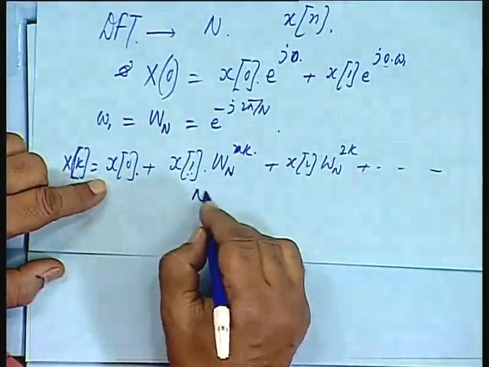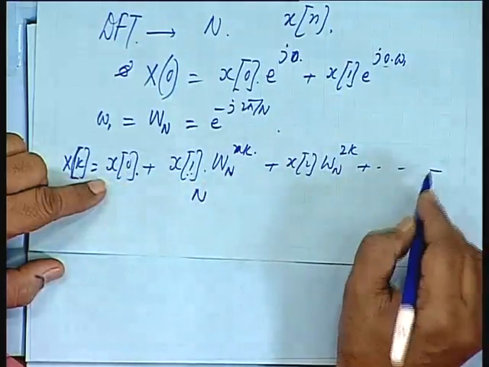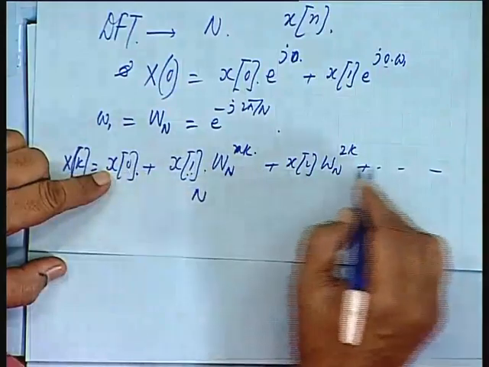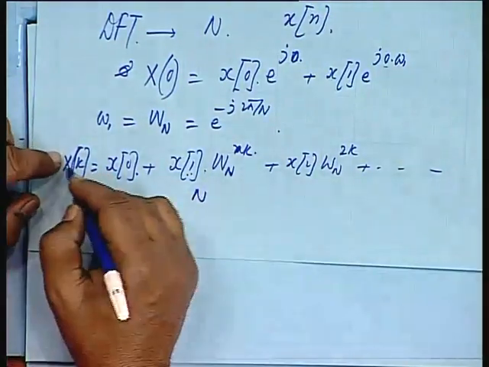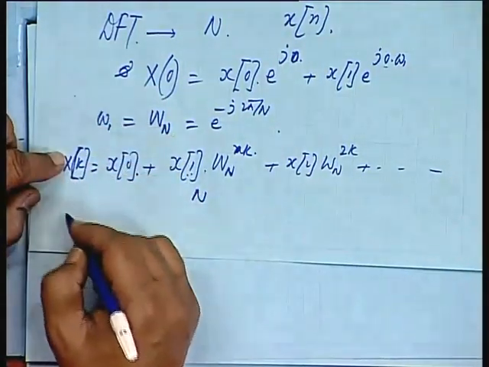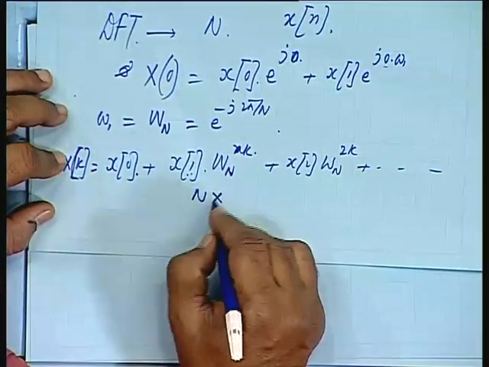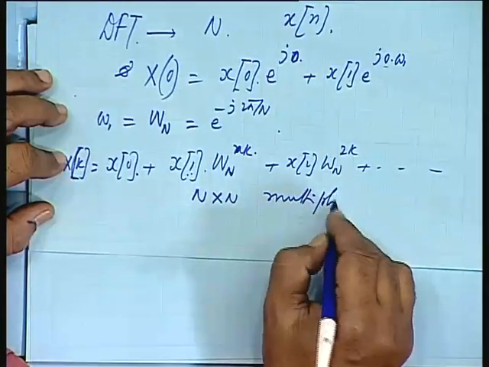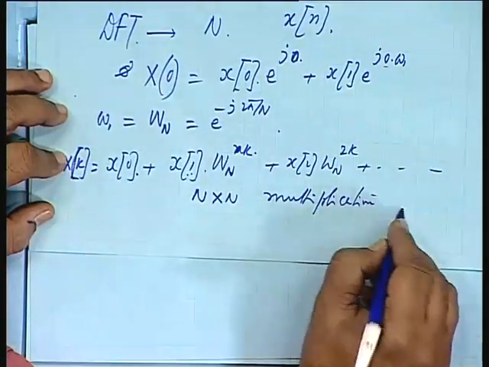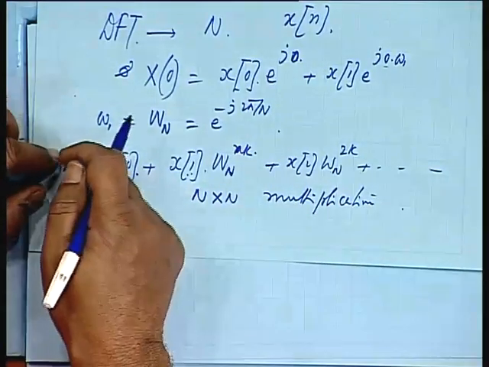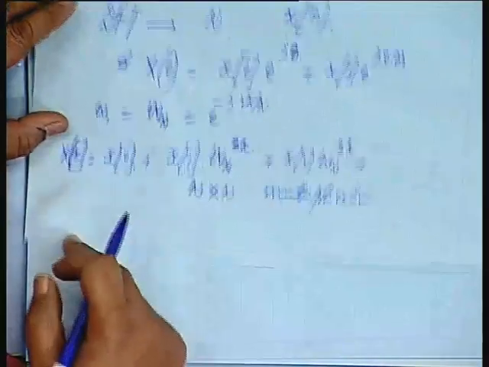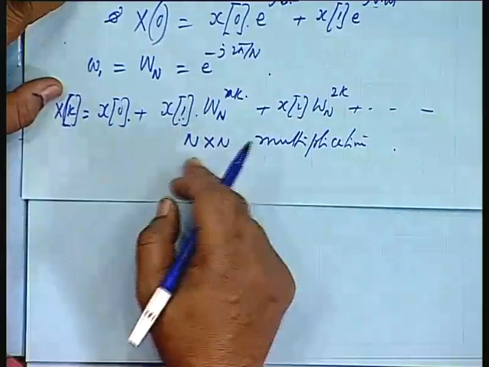N number of points, so n multiplications, and then for n number of such components, there will be n into n multiplications in total, is it not? You have to calculate capital X0, capital X1, capital X2. So, n such components will require n into n multiplications.